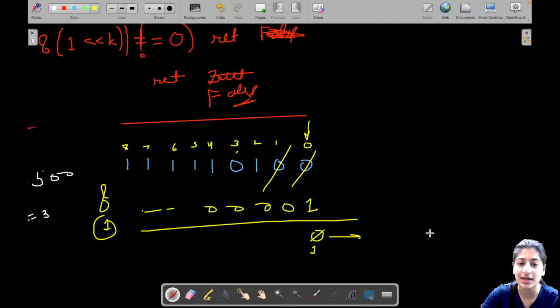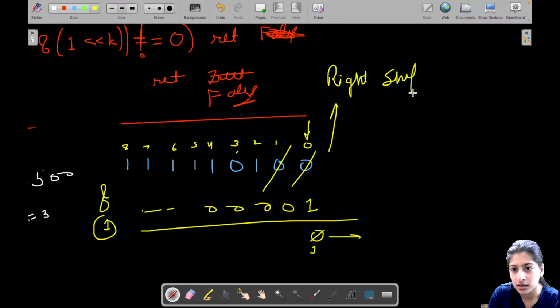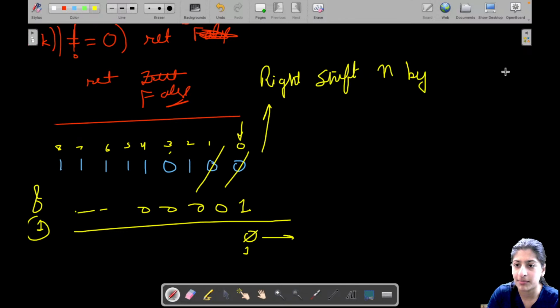So let's see how we can convert it. If I do a right shift of n by k positions, how do you represent a number when you do a right shift?